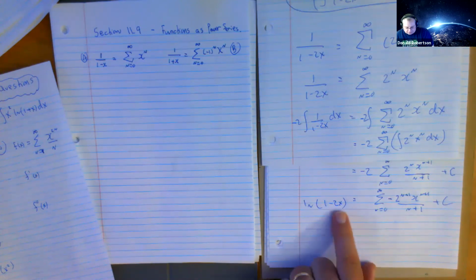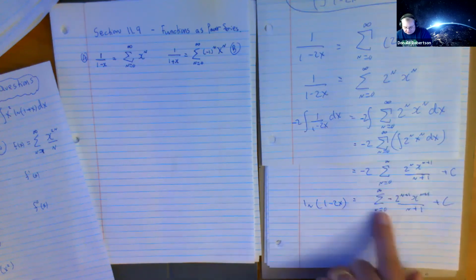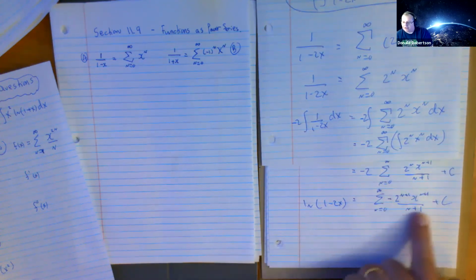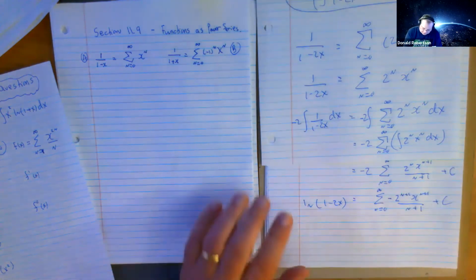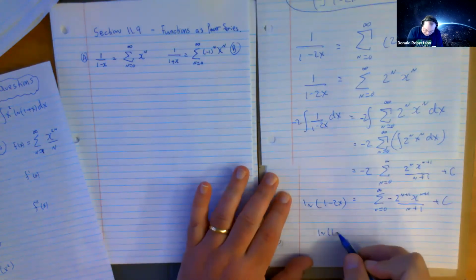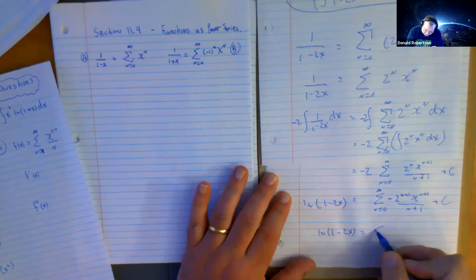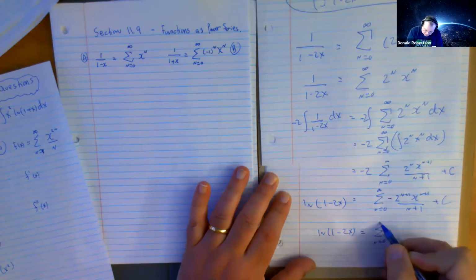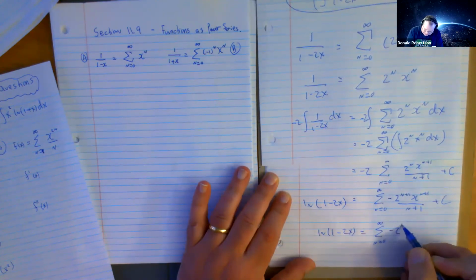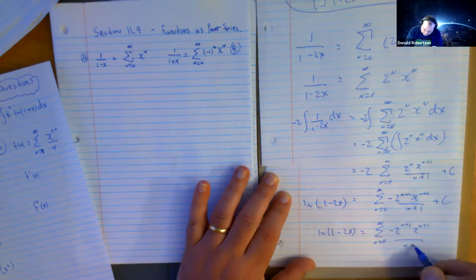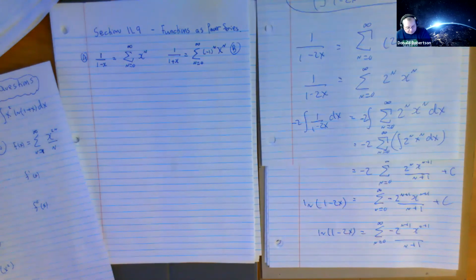If you plug in 0 here, don't you get the natural log of 1, which is 0? If you plug in 0 here, can you just imagine these all kill each other off and you get nothing? So it ends up C is 0. And that's nice, because it means we now have a really big, quite ugly power series.